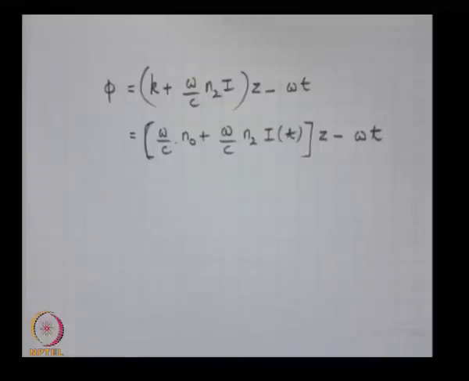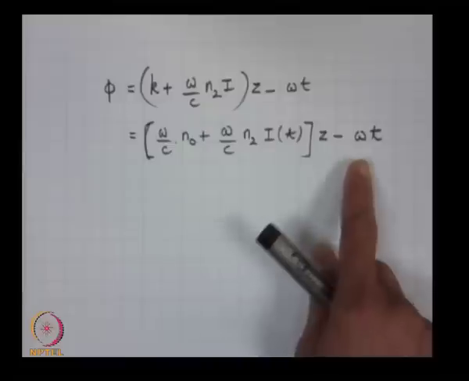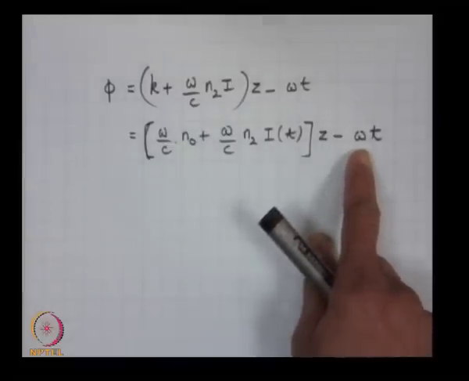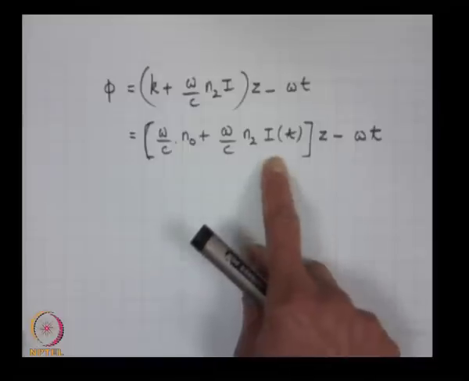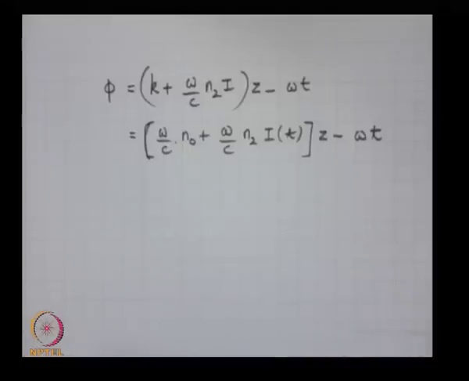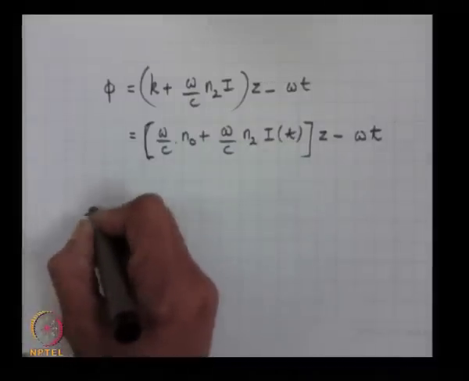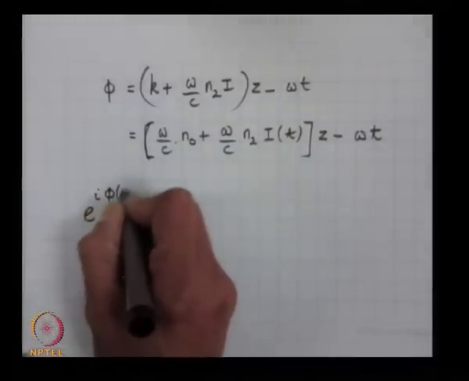Now, this is a term that means you have a function of time at the output which is not exponential i omega t, but has another time dependence. Suppose I have a pulse which varies as exponential i phi of t.